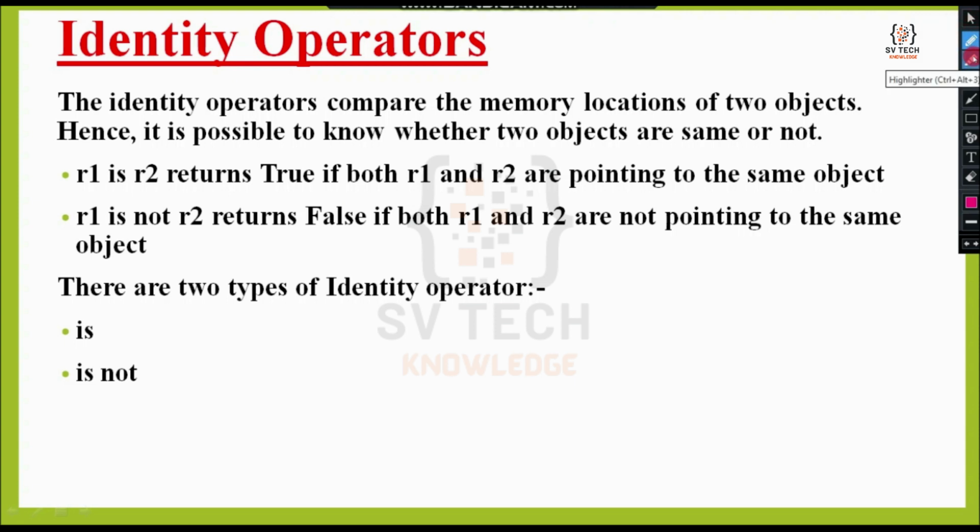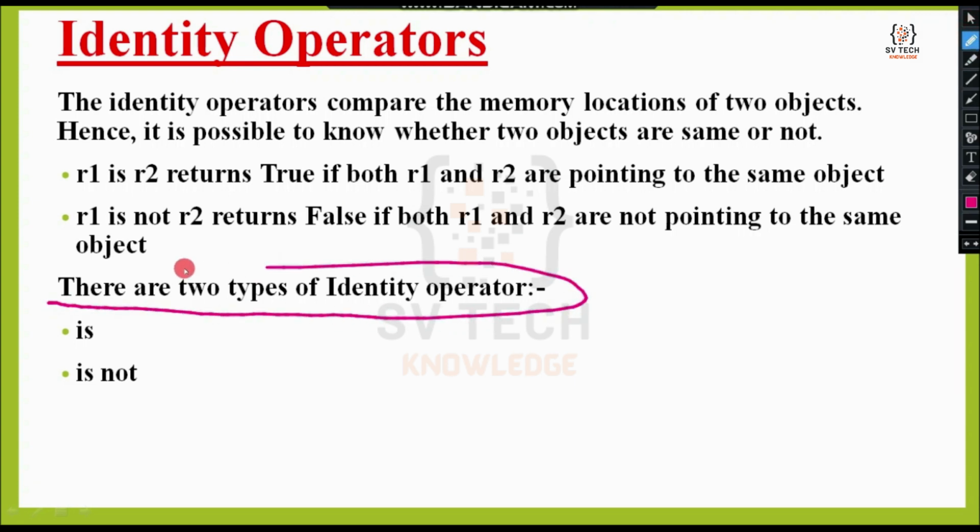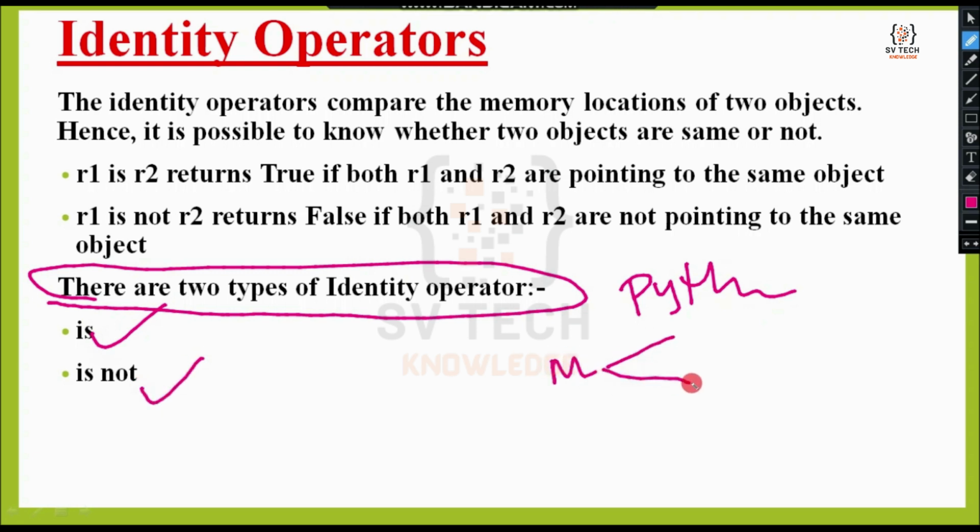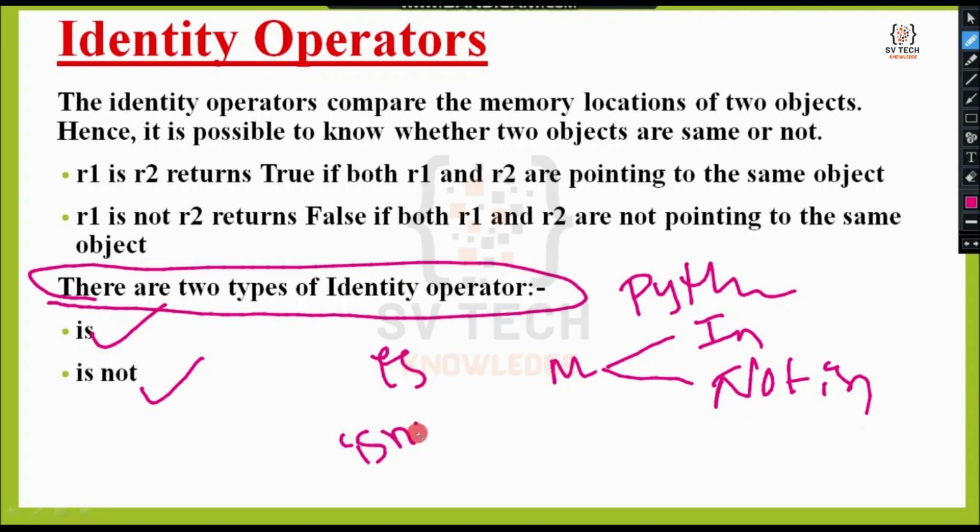So there are two types of identity operators in Python. Those are is and is not. Earlier we have discussed membership operators. What are the membership operators? In and not in. Same like that, identity operators are is and is not.